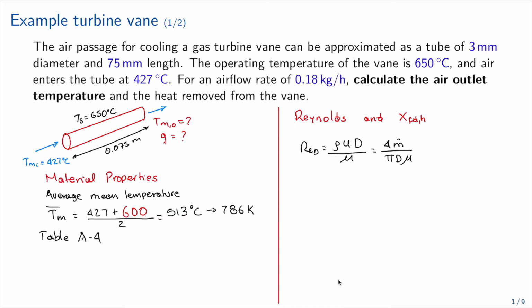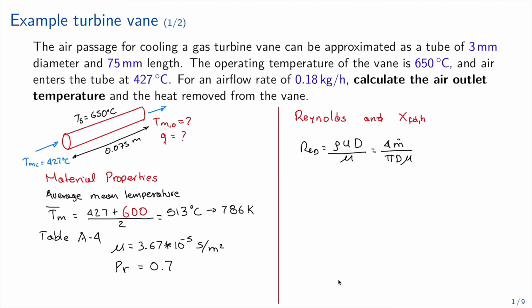The most important are going to be mu, which is equal to 3.67 10 to the minus 5 seconds per square meter, and Prandtl, which is equal to 0.7. So the initial point is to compute the Reynolds and the length for fully developed hydraulically.